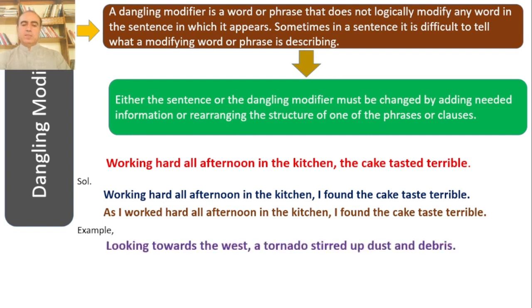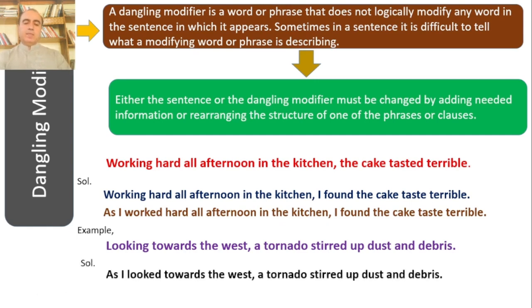Another case is: looking towards the west, a tornado stirred up dust and debris. Now, who was looking toward the west is missing. We add to that, "as I looked toward the west". Now we have supplied a subject here, "as I", and the verb also has been changed.